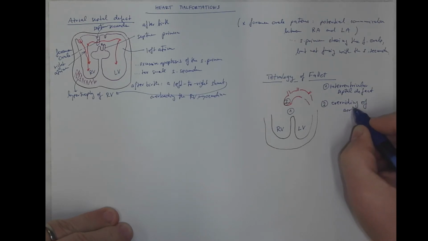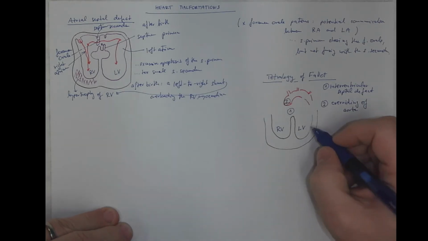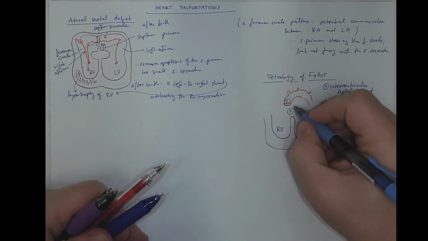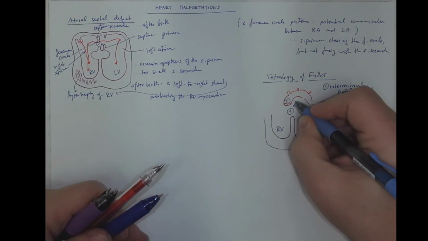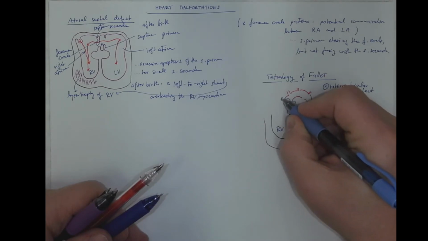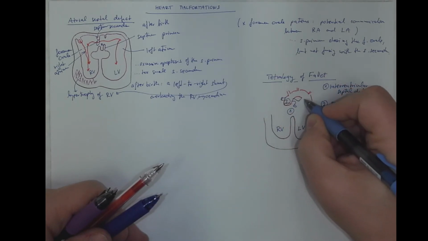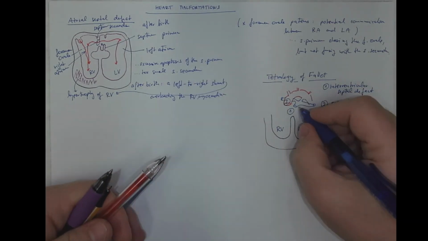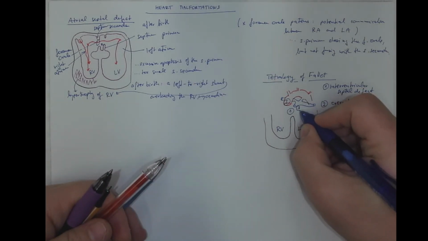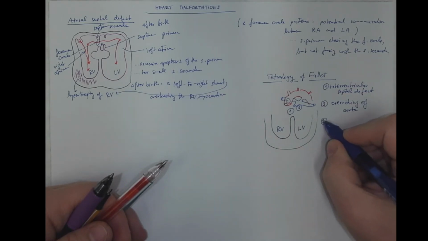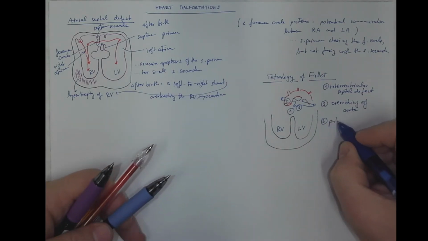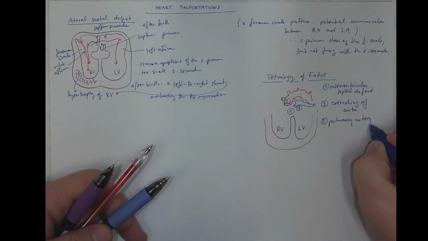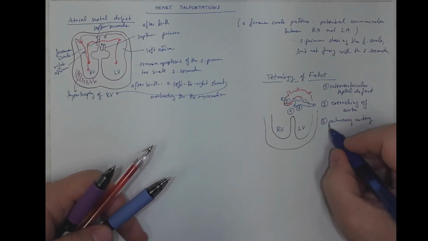The third problem is that quite often there is a stenosis, a narrowing of the pulmonary trunk here, which is called pulmonary artery hypoplasia.